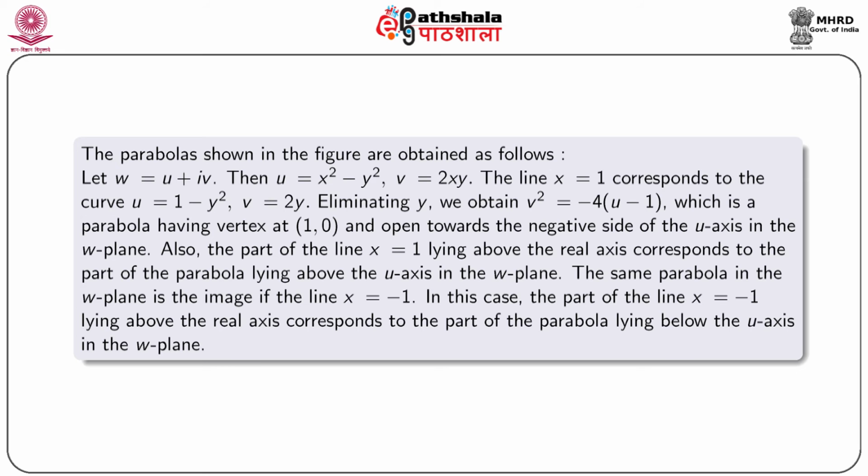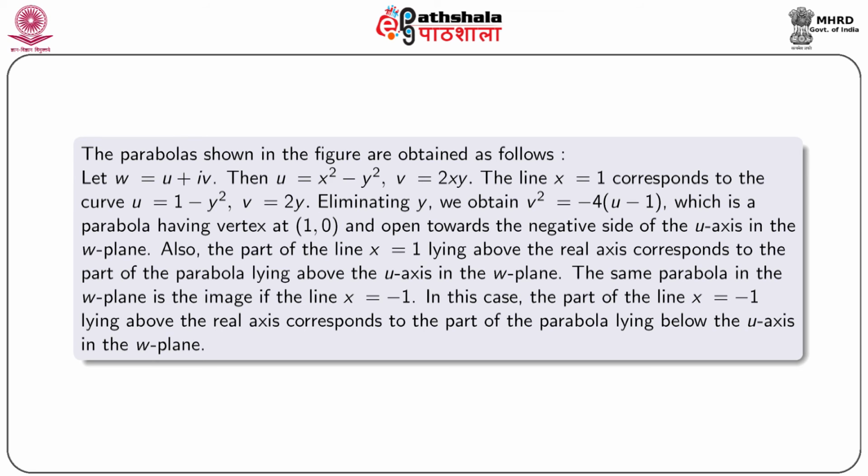Eliminating y, we obtain v square equal to minus 4 into u minus 1, which is a parabola having vertex at 1, 0 and open towards the negative side of the u axis in the w plane. Also, the part of the line x equal to 1 lying above the real axis corresponds to the part of the parabola lying above the u-axis in the w plane.